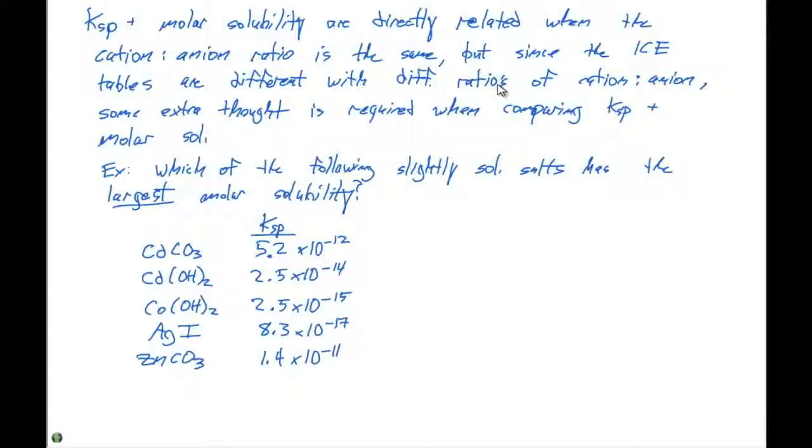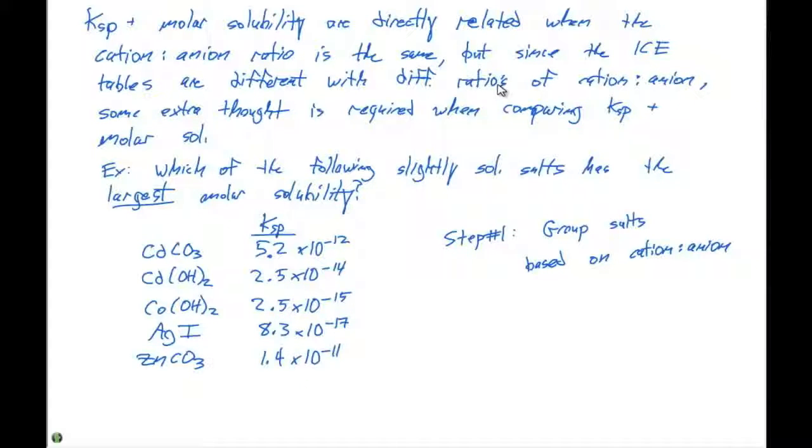Okay? So step number one for this problem right here is we're going to group the salts based on cation to anion ratio. So we're going to put these particular 5 salts into 2 groups.